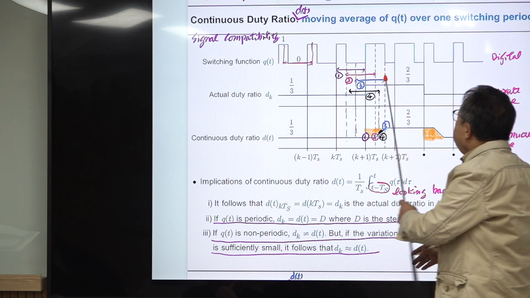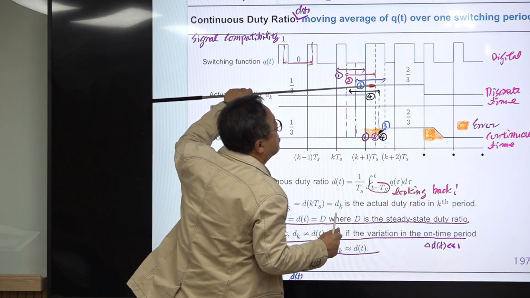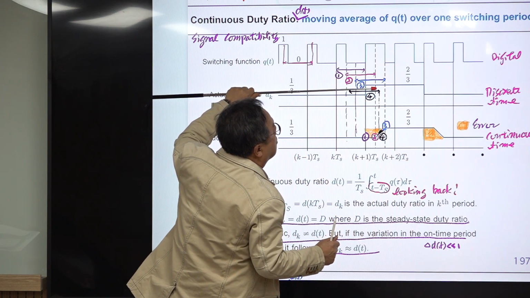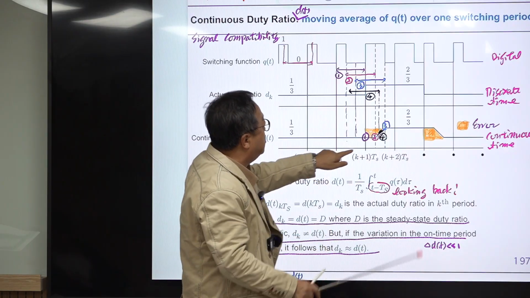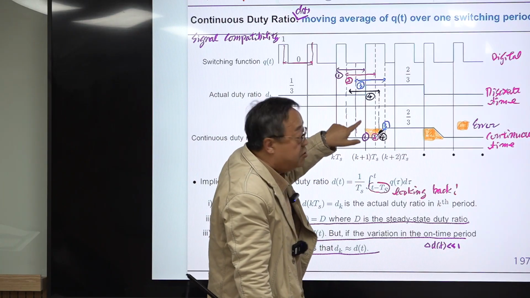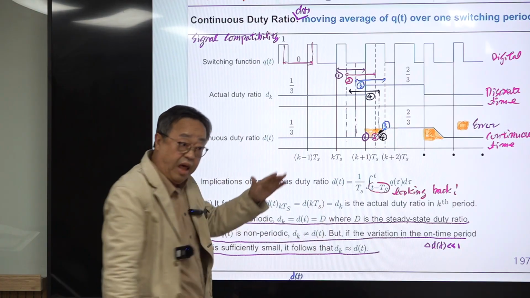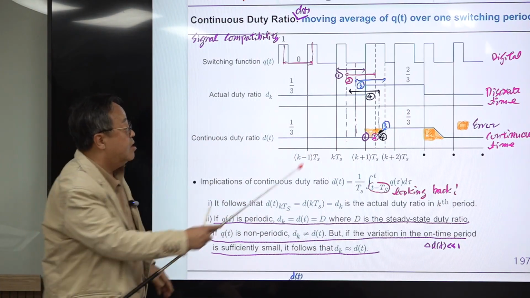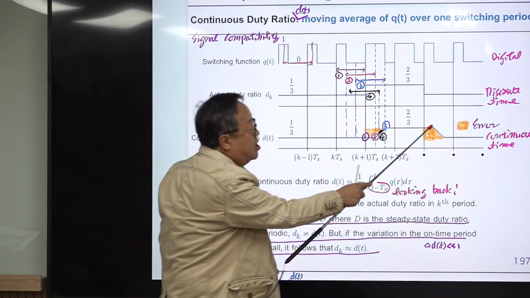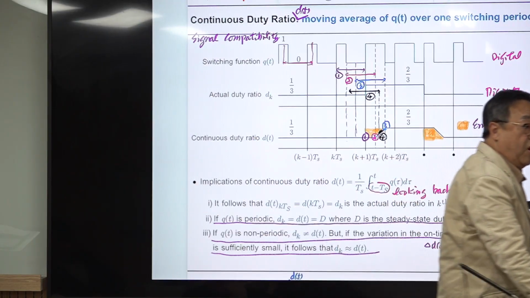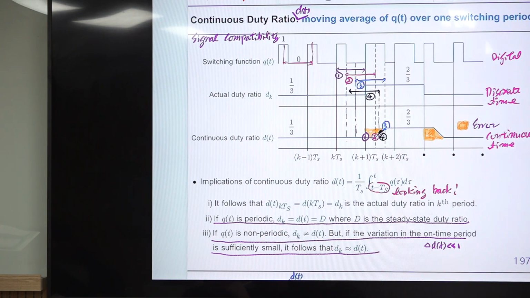In the middle, suppose this, then the value is some number in between 1/3 and 2/3. So we have a sloped ramp between this value and this value. The same is true here.